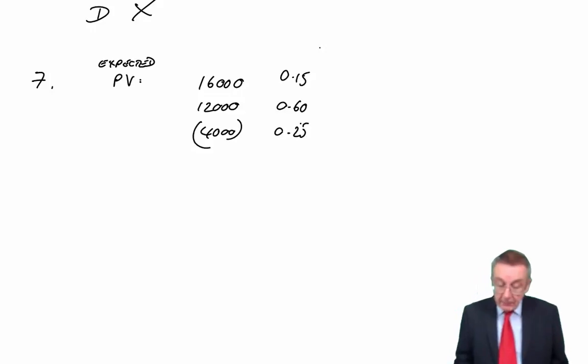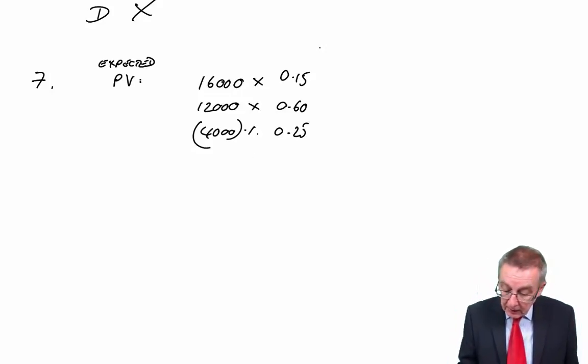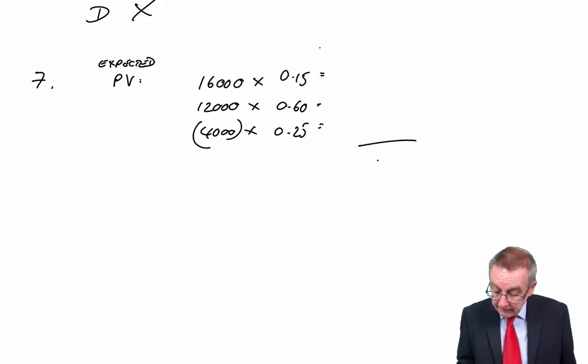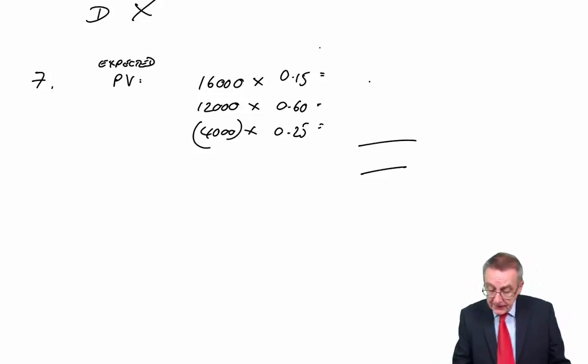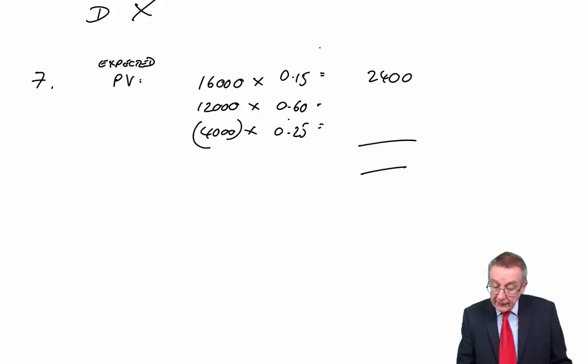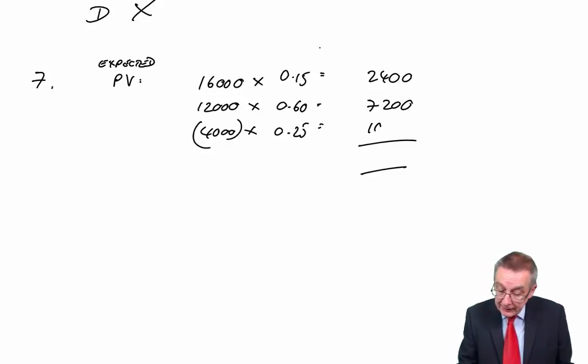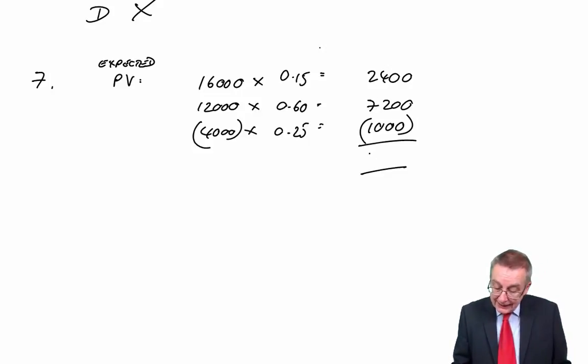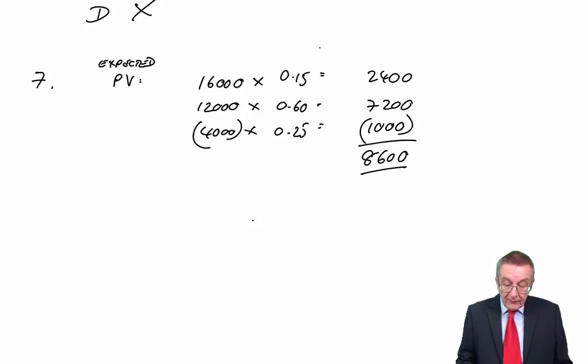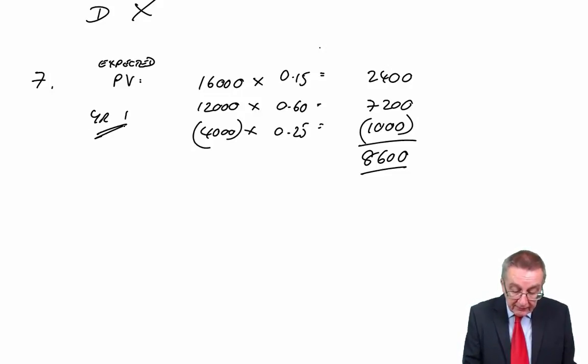The expected present value: multiply by the probabilities and add up. 16,000 times 0.15 is 2,400, I hope. Yep. 12,000 times 0.6 is 7,200. 4,000 times 0.25 is 1,000. It's negative. So the expected present value is 8,600. That was the year 1 present values.